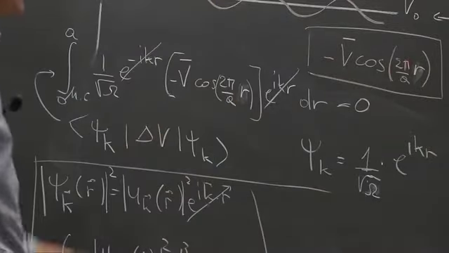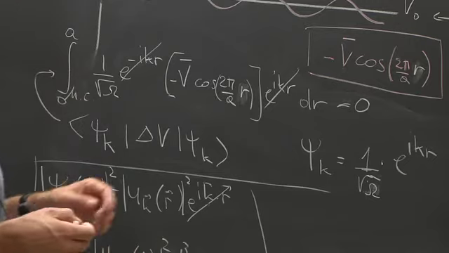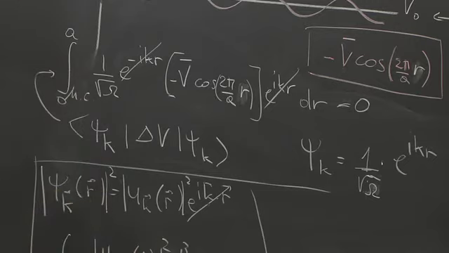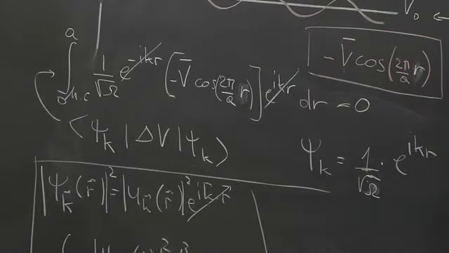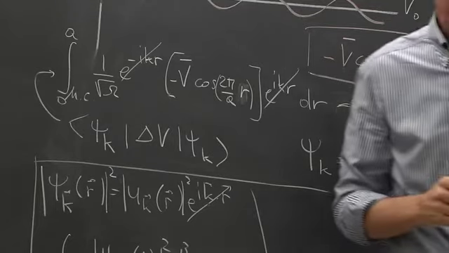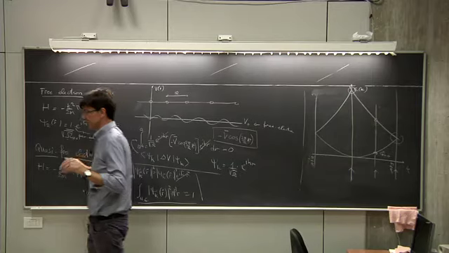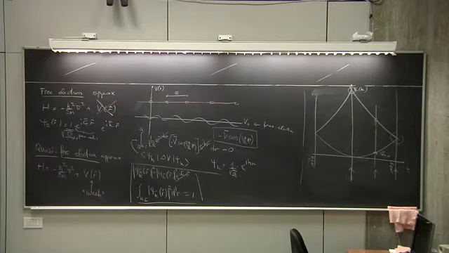The integral of a sinusoidal function over the period of the oscillation must be 0. So, first conclusion: to first order, at least in perturbation theory, this state is not going to be affected by our perturbation. Second order, of course, it will be affected. But to first order it is not going to be affected.